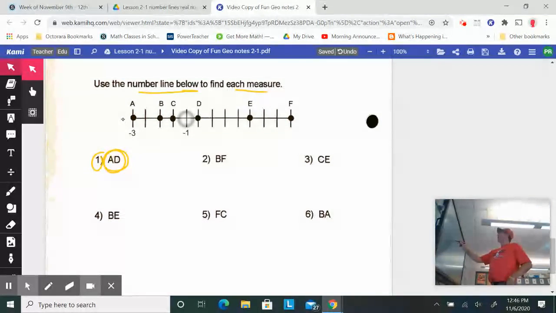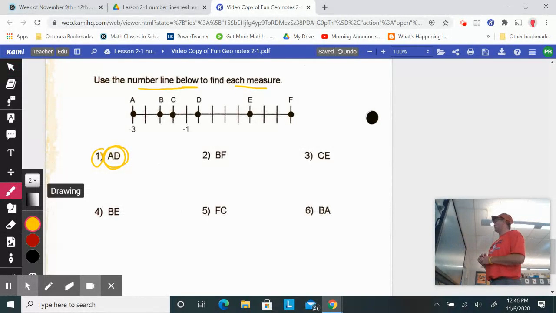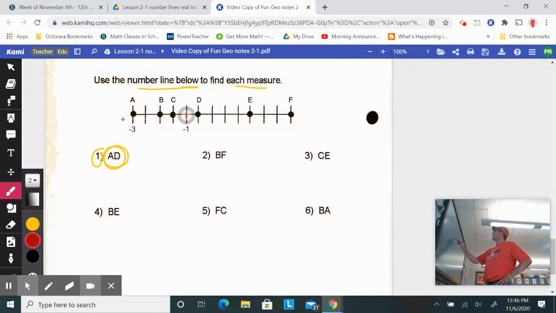Notice some of these points don't have any values with them, so we've got to calculate those values. We've got to use our thinking skills. We do know that this is a -1 and this is a -3. The distance from here to here, -1 minus -3, is a positive 2.